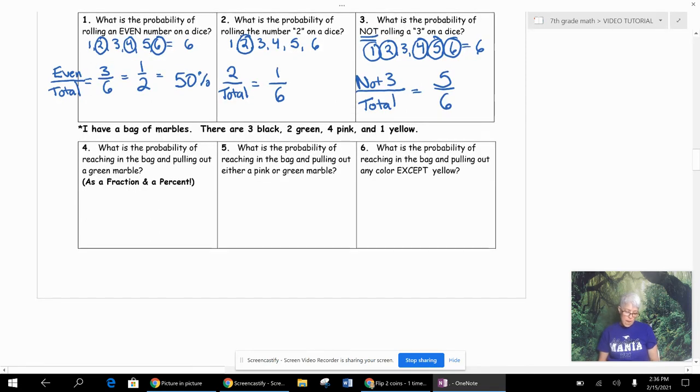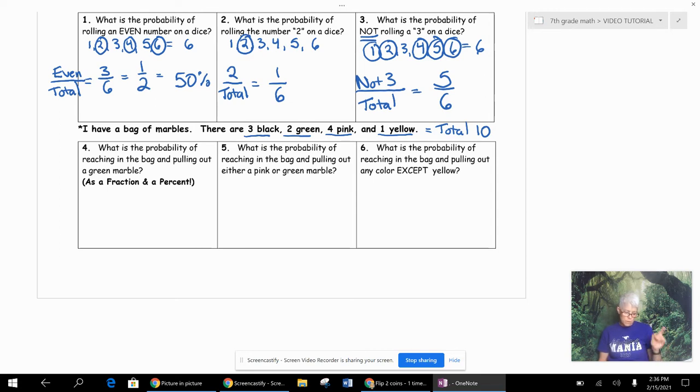Okay, I have a bag of marbles. There's 3 black, 2 green, 4 pink, 1 yellow, which equals a total of, let's see, 5, 10. 10 marbles. That's my total. So number 4 says, what is the probability of reaching in the bag and pulling out a green marble?